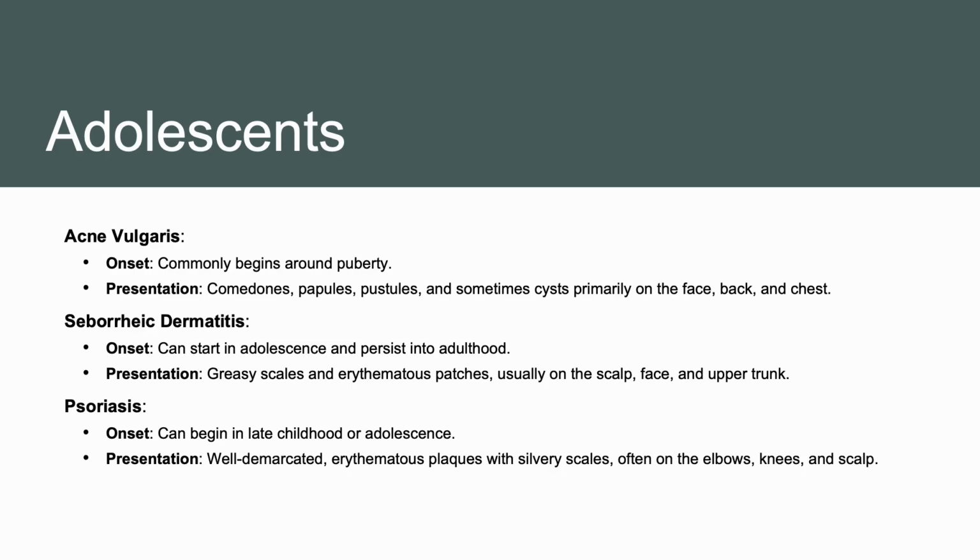Common conditions for adolescents include acne vulgaris, which usually begins around puberty, with open and closed comedones, papules, pustules, sometimes nodules and cysts, usually on the face, chest, back, and shoulders.